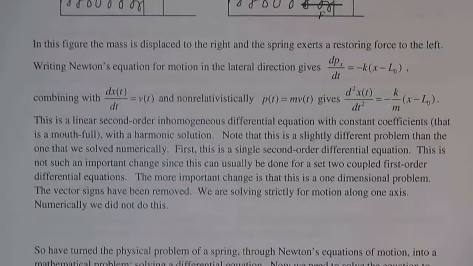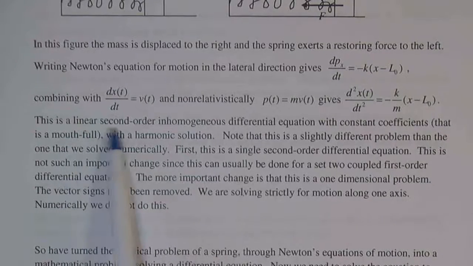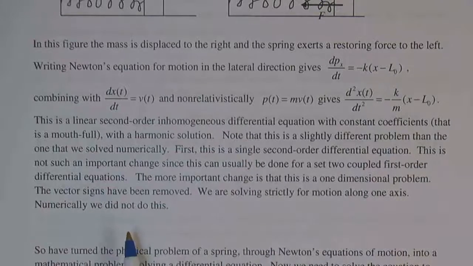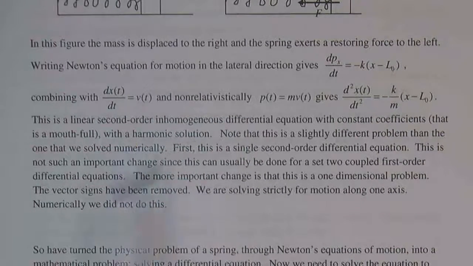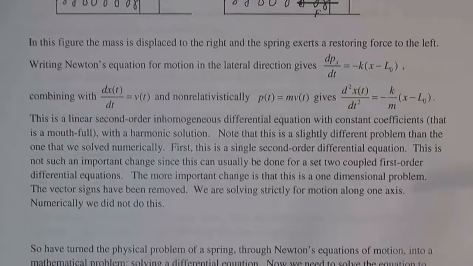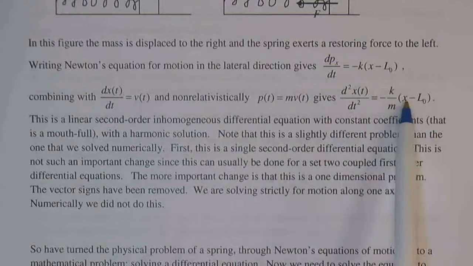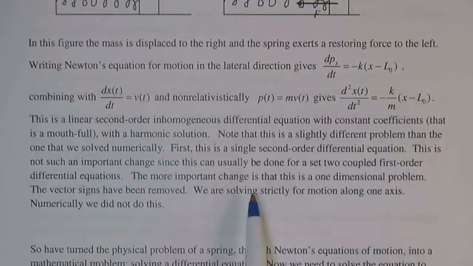So, using some math jargon, this is a linear second order inhomogeneous differential equation with constant coefficients. And it's a solution that you can find. All right? So let's go through these terms just so you know. You'll hear about them in math. It's linear in that x is always appearing to the first power. You never see an x squared here.